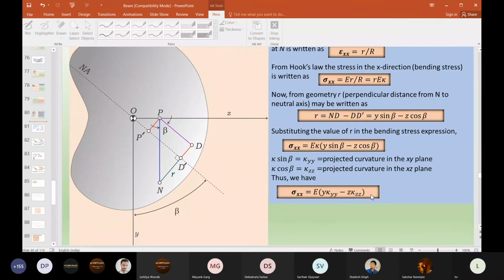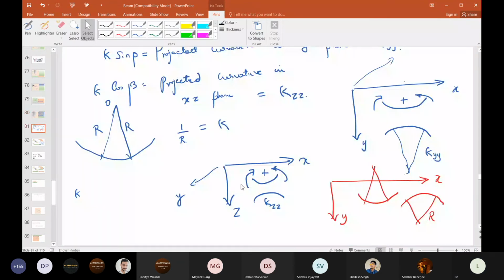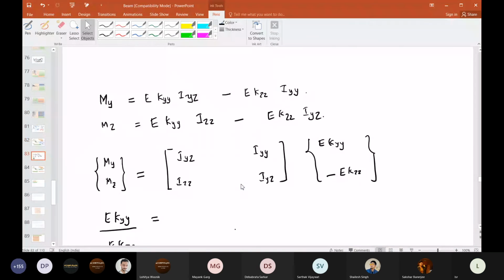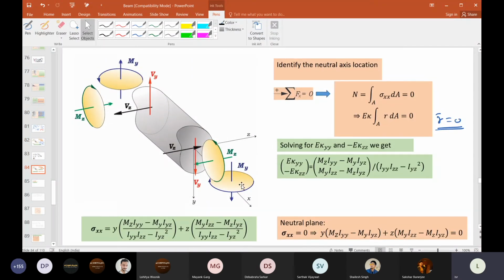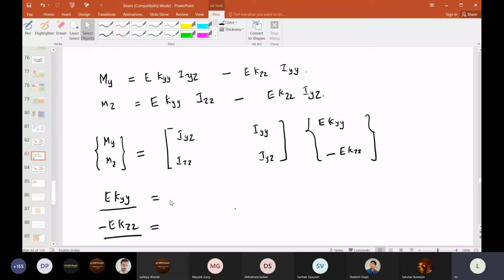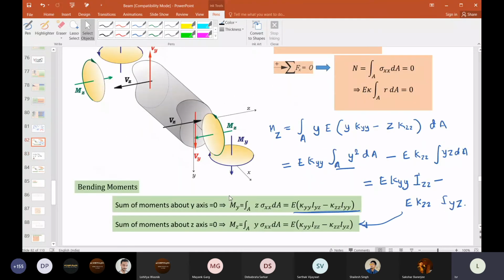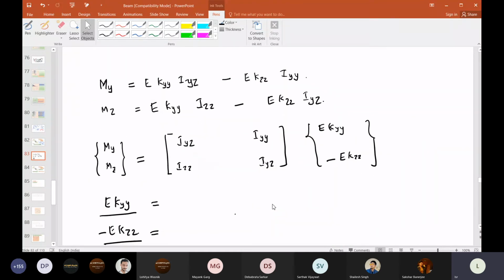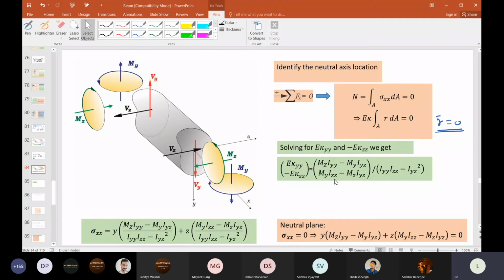Okay. Now you find out these things. Already somebody has done it. I have done it previously. So you take it for granted. You invert that and get this. Is that all right?